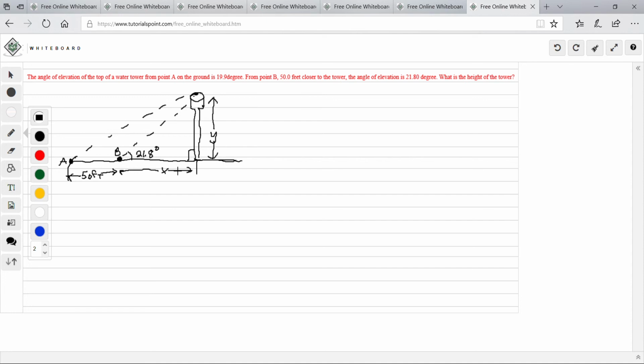So let's find x. Let's find this value. Tangent of 21.8 degrees equals y over x.